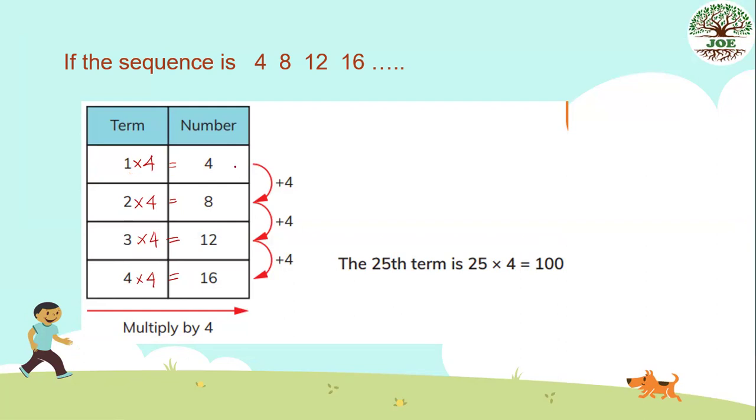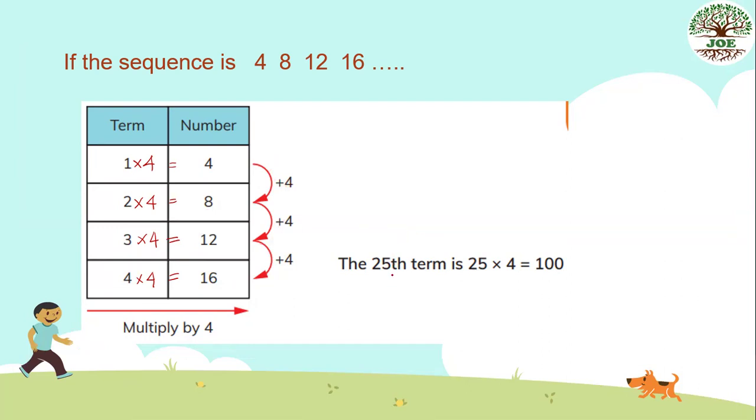So if we multiply 4 with our positions, we can find our sequence numbers, okay? Our sequence 4, 8, 12, 16 is adding 4 each time. 4 plus 4, 8, 8 plus 4, 12, 12 plus 4, 16. And we find first position times 4 is 4, second, 2 times 4 is 8, third, 3 times 4, 12. So if we multiply our position by 4, we can find any term in our sequence.